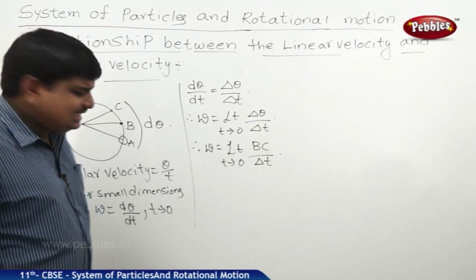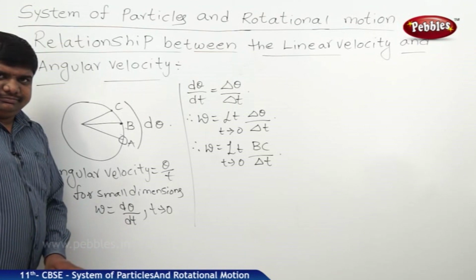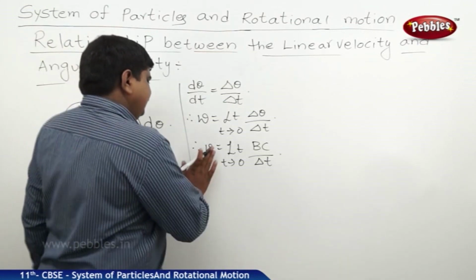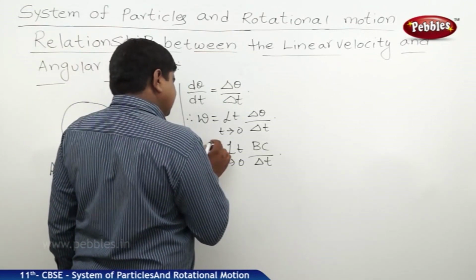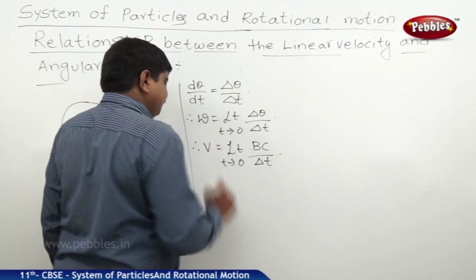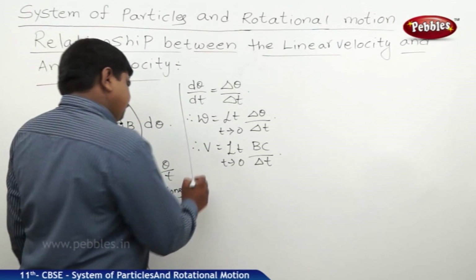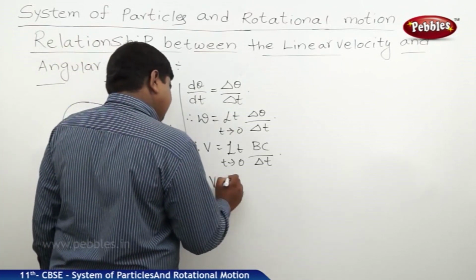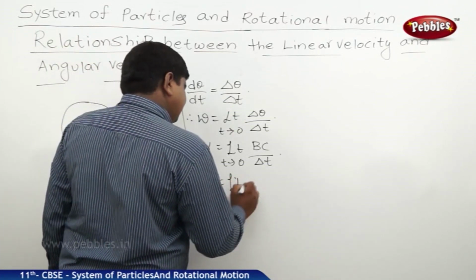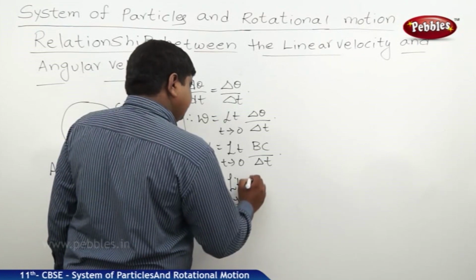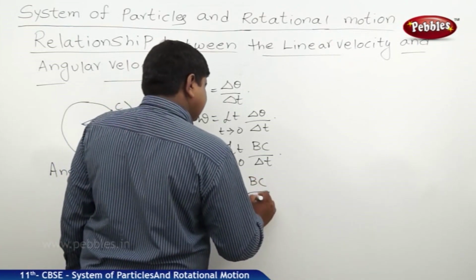This BC is the displacement of the body, a linear displacement, so we can write V. It is nothing but the linear velocity. So V is equal to limit t tends to 0 of BC by delta t.